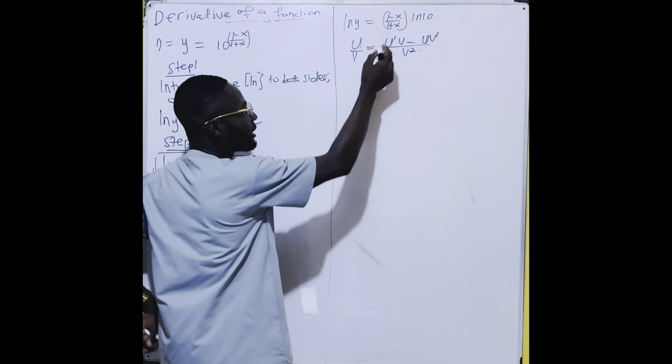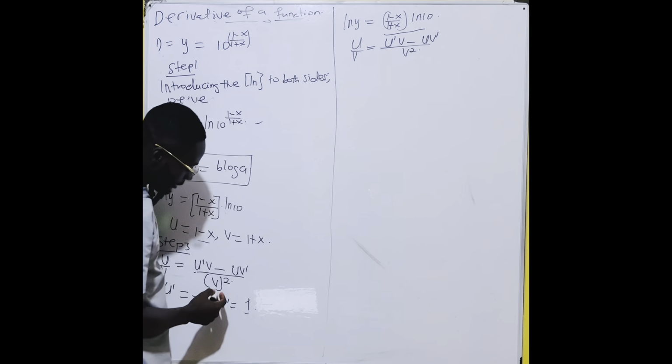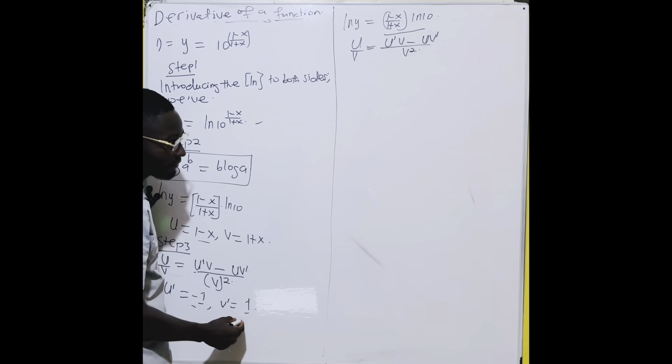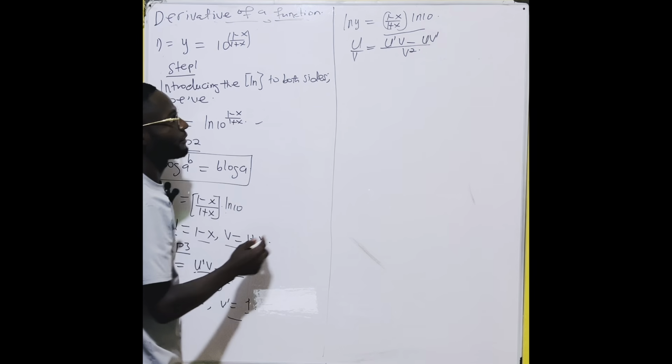Okay, so with the right hand side, we have identified our u prime, which is -1, and our v prime, which is +1. As well, our u and v are right here.